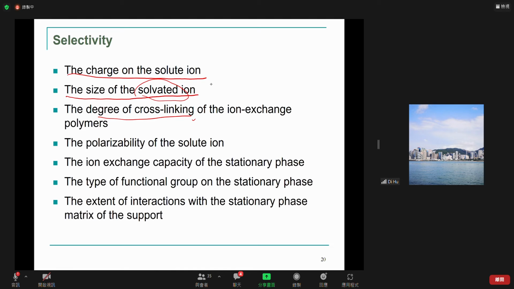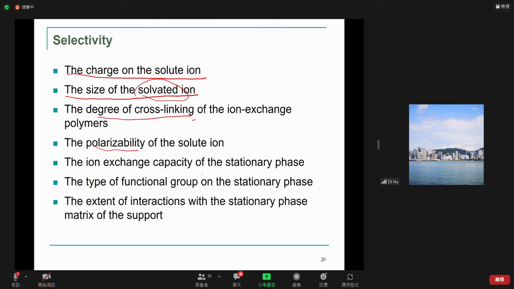Also, the affinity to ions depends on the polarizability of the ion. Often, if you have a higher charge and a smaller size, the ion is more polarizable, and the more polarizable, the higher the affinity, which means it stays longer.